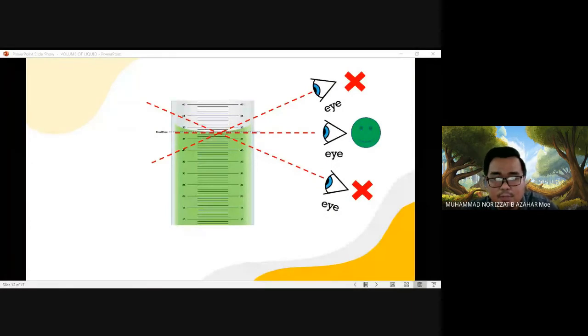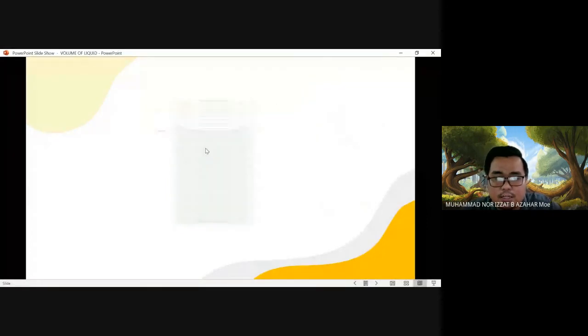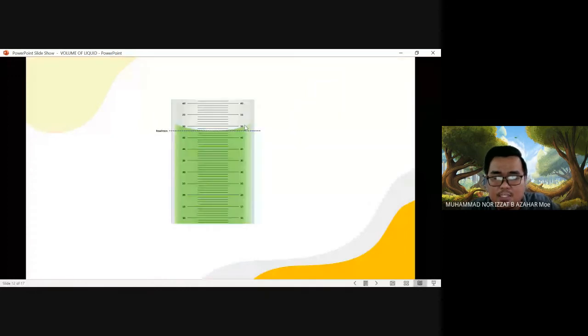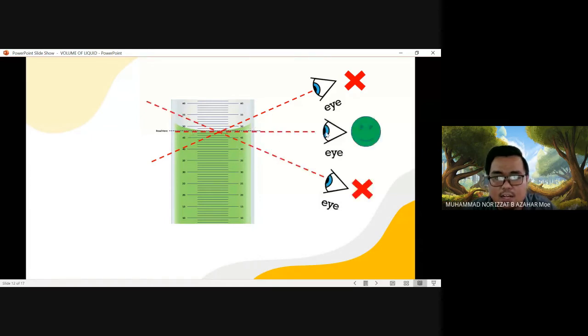So, to repeat, what is the meniscus? It is the bottom of the curve on the water. When we pour in water, the surface curves there. So that's why we need to take the reading at the same level. Otherwise, the reading is less accurate. We might see this one, or we might see this one. So the eye must be at the same level of the meniscus.